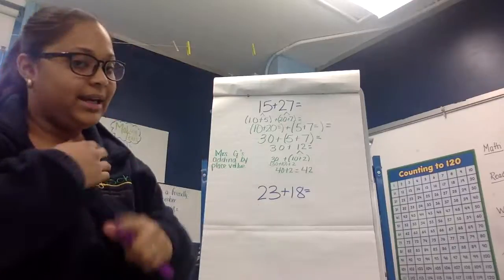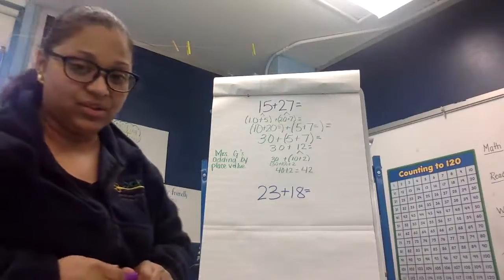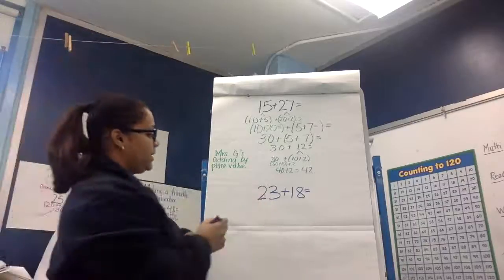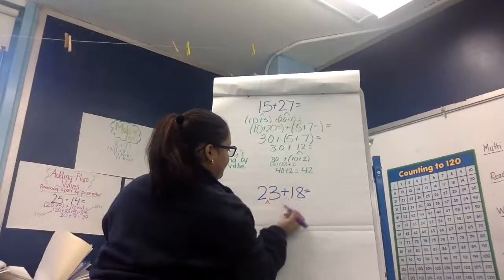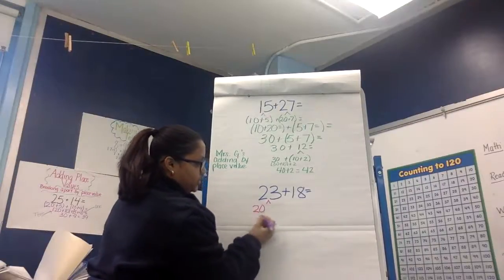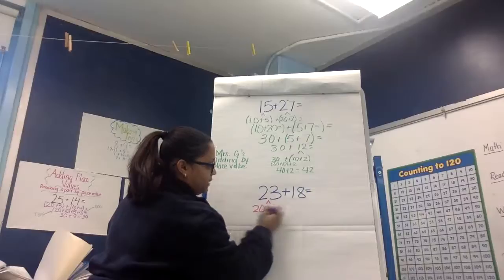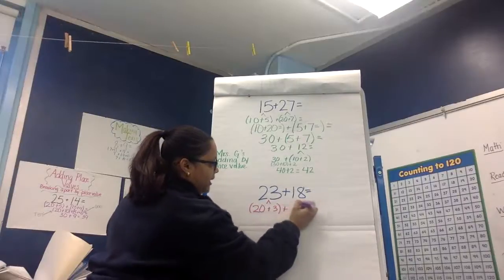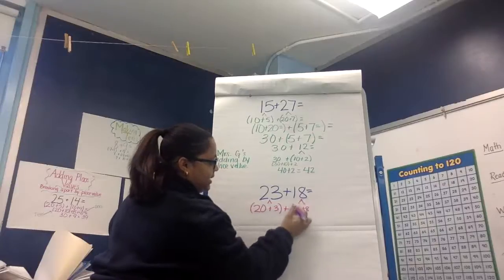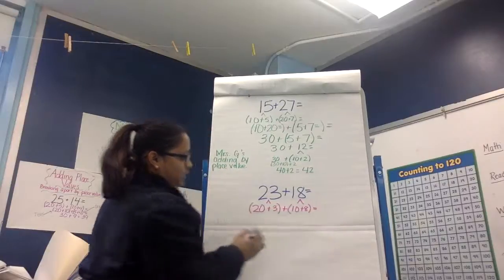I am. Again, I'm just going to use my place value strategy because that's easier for me. So I'm going to break my 23 into tens and ones. So I have 2 tens, which is 20, plus 3 ones, plus 10, plus 8. And 18, I have 1 ten and 8 ones.